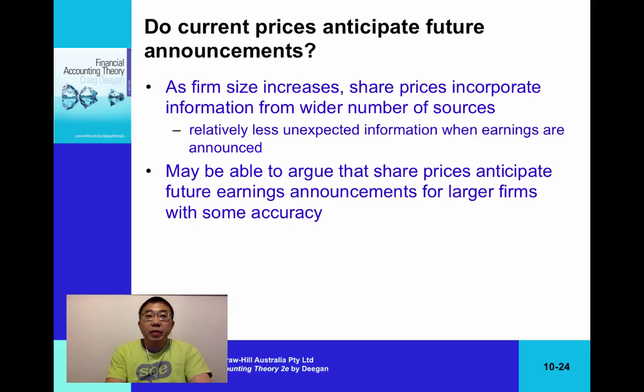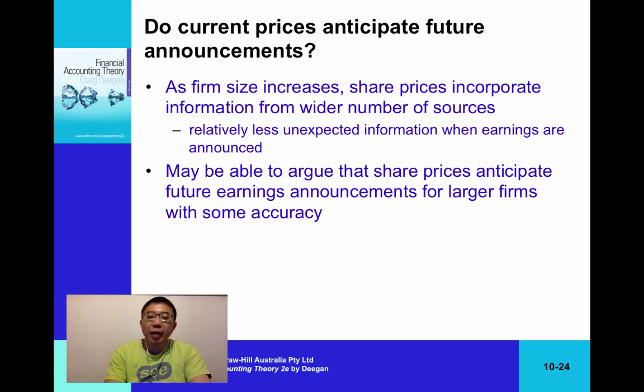So this whole idea that when firm sizes increase, the likelihood of impact of accounting earnings on changes in share price is lesser, because share prices incorporate a wider source of information, suggests that share prices could actually anticipate future earnings announcements.